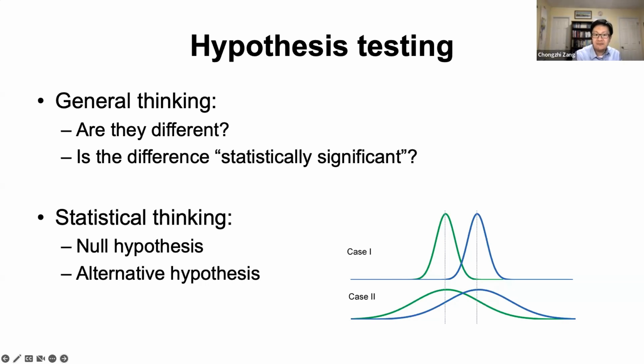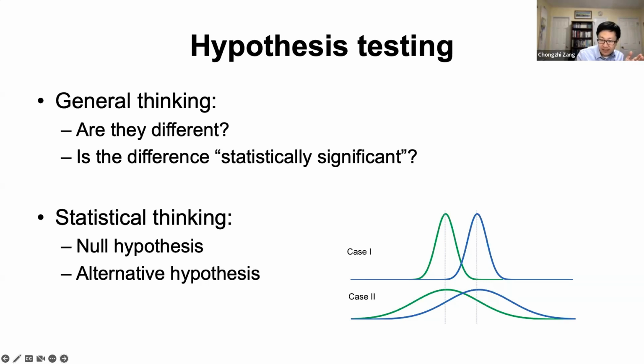Instead of answering whether the two quantities are different or not, the statistical way of addressing that is to compare these differences with a null hypothesis, and ask whether we can accept or reject the null hypothesis, assuming that the observed quantities, the data, are from some statistical distribution. Right, so that's the way of statistical thinking.